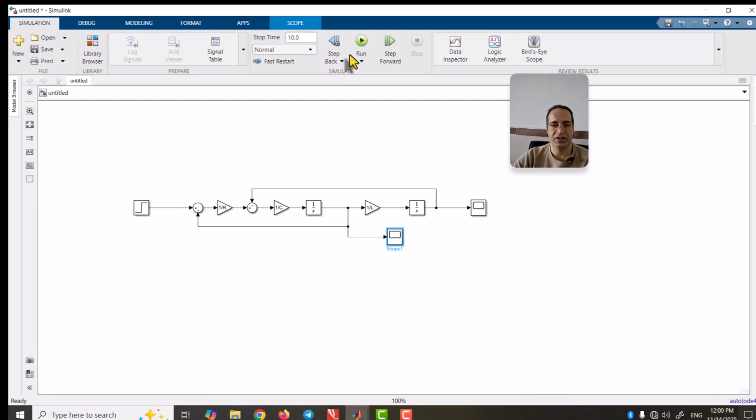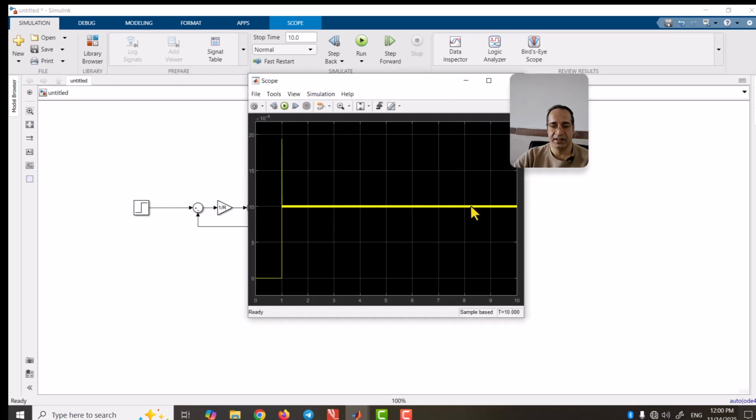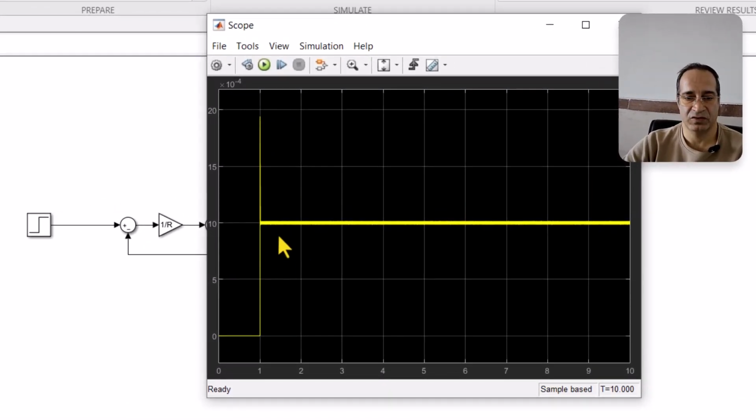Go back to simulation and run it. This time I expect the circuit to be very fast, and I see the result over here. The step jumps at t equals 1 second, and then I see the result.